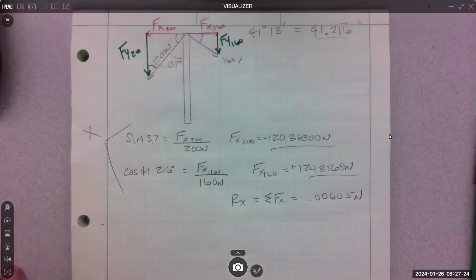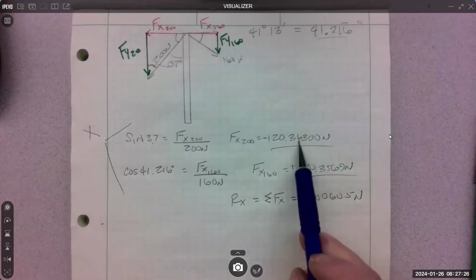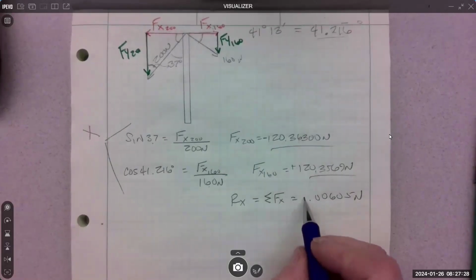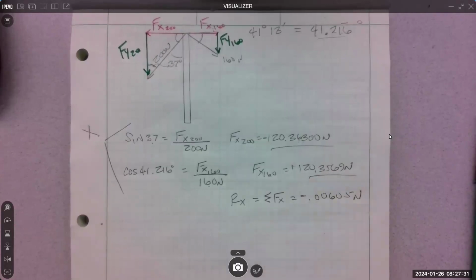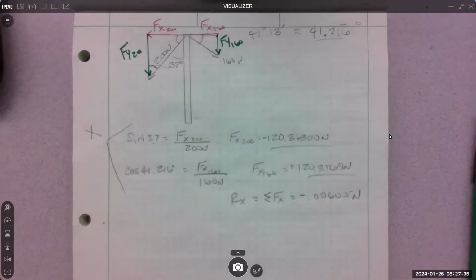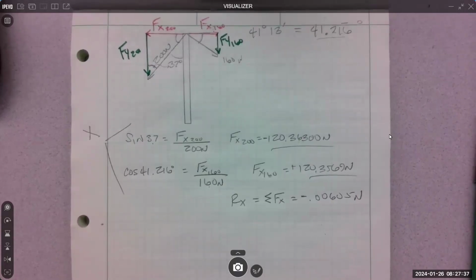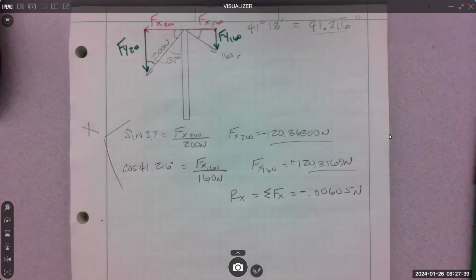The bigger value is this 6.3 value here, and it's negative. Pretty close to zero. I'm sure the book just said zero for that.